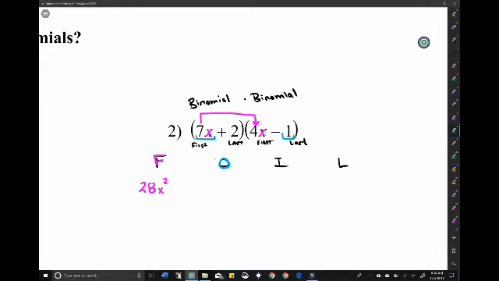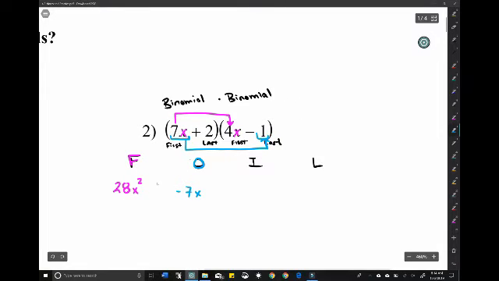So it's 7x times negative 1 is our outers, which is negative 7x. The innards are these two, so 2 times 4 is positive 8x. I think it is helpful to have these plus and minus signs. Okay, let's just fix that one up real quick.